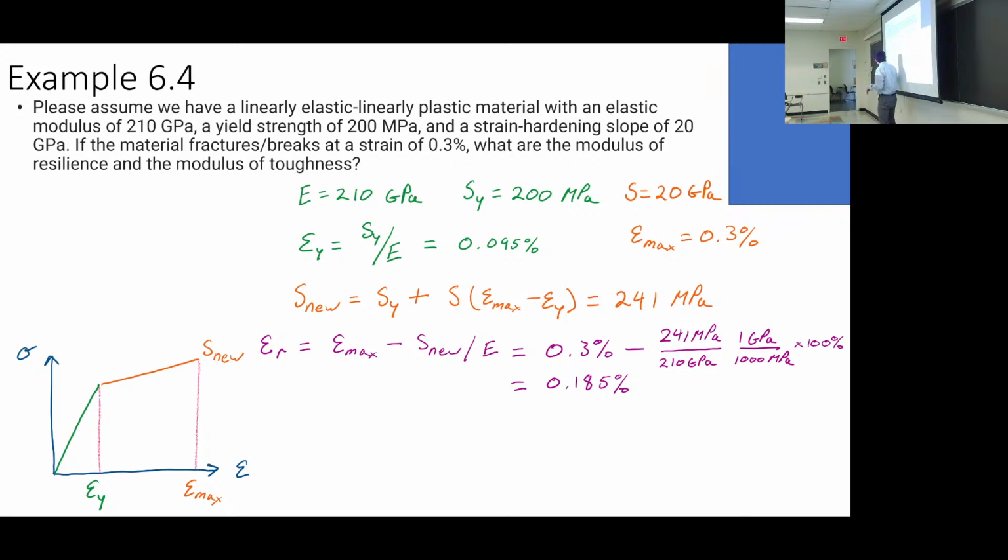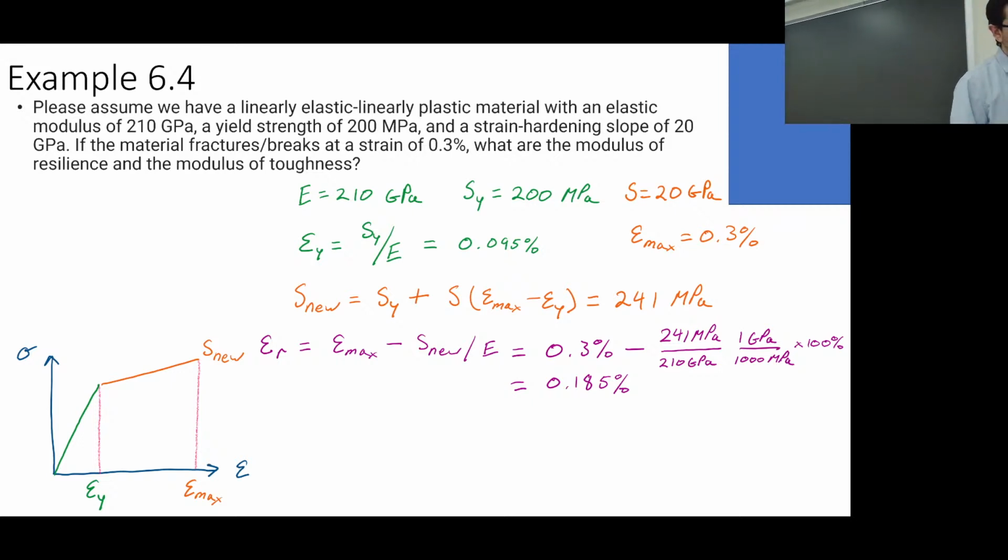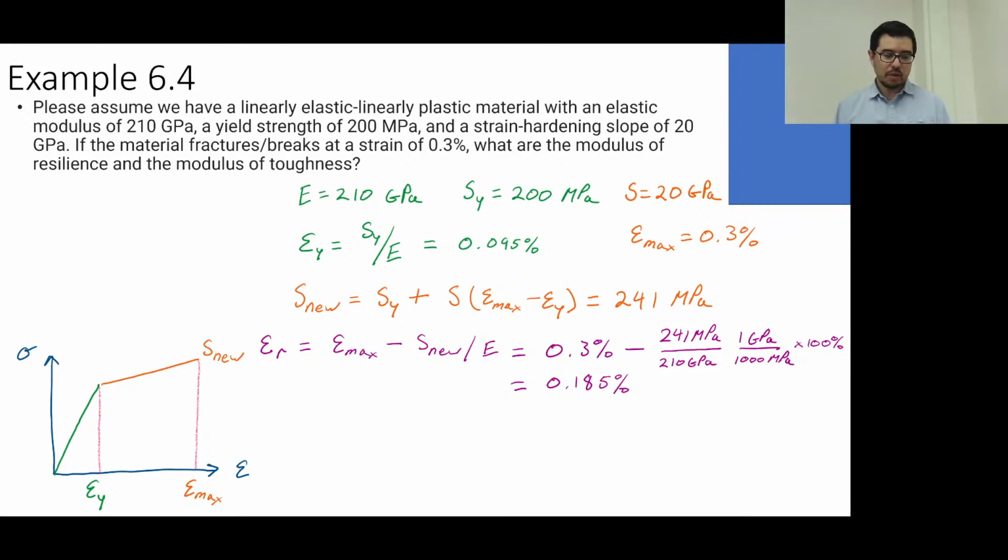And it is. So you can take this and this, take their average, and then multiply by this, and that will give you the area in the trapezoidal region. Again, you should be able to do that. Or you can do two triangles and a rectangle, whatever you want to do.